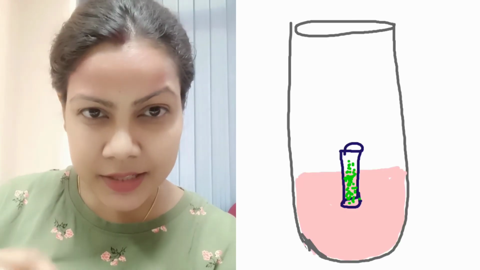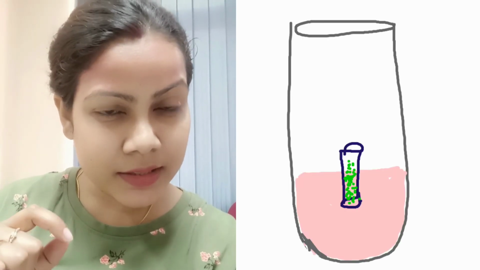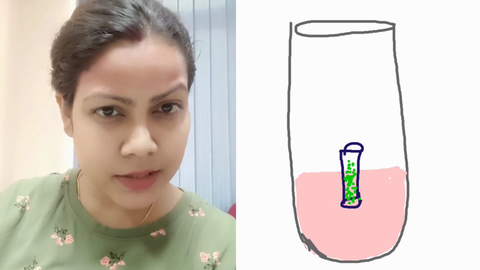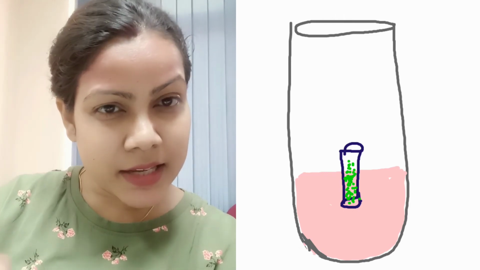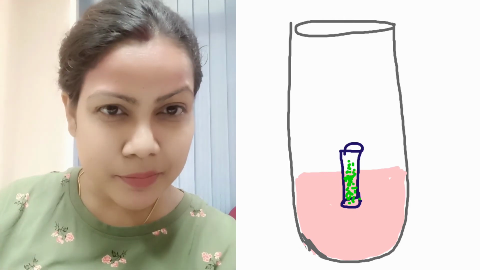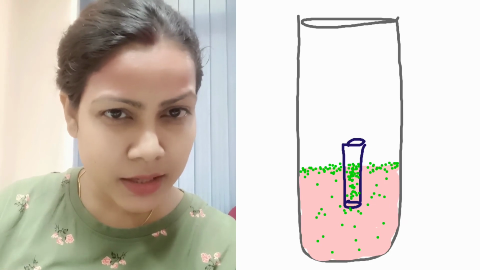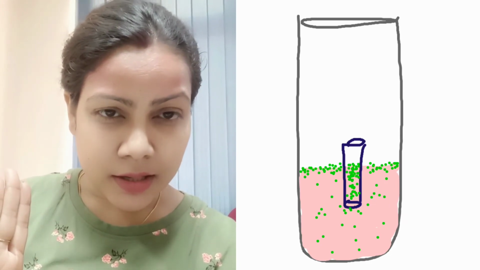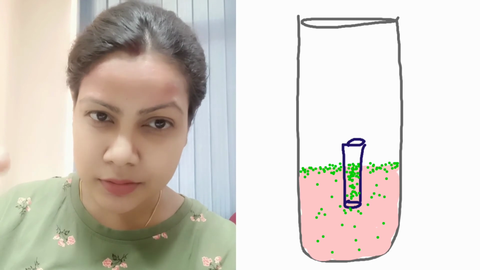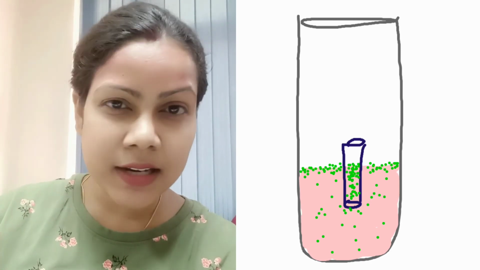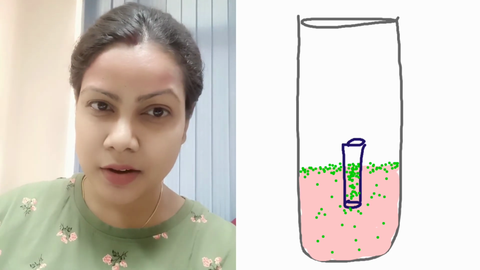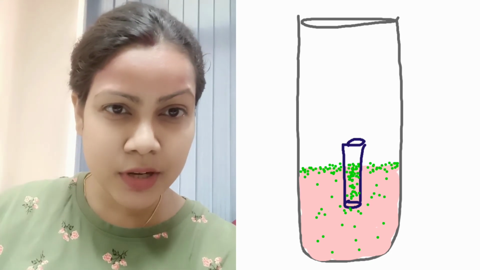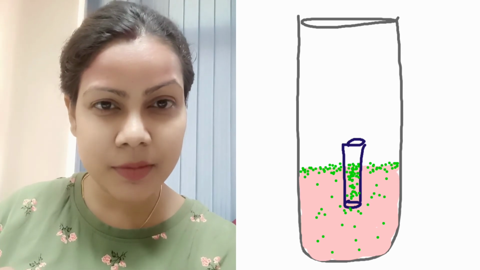If the bacteria are non-motile, they will grow after incubation and remain inside the Craigie tube. And if the bacteria are motile, meaning they have flagella, they will move, go outside the Craigie tube, and also grow in the surrounding culture media. This is the basic concept.